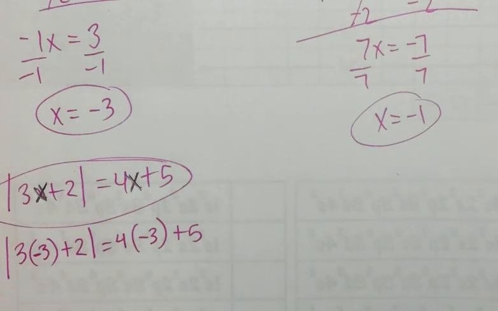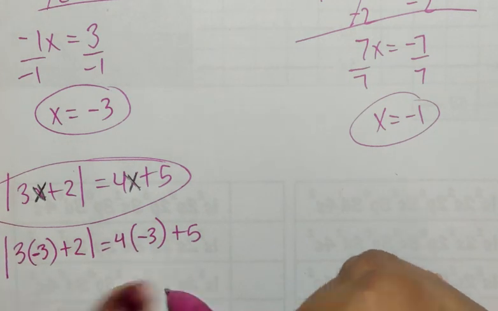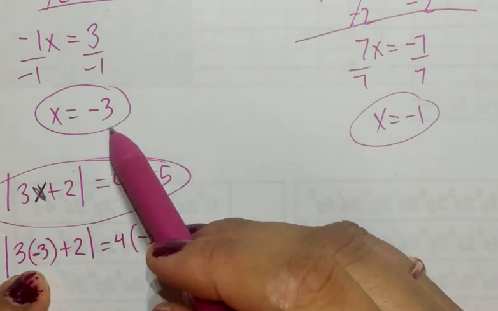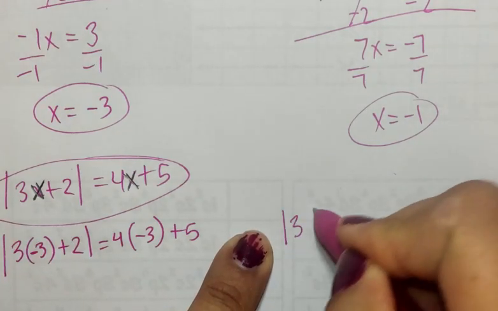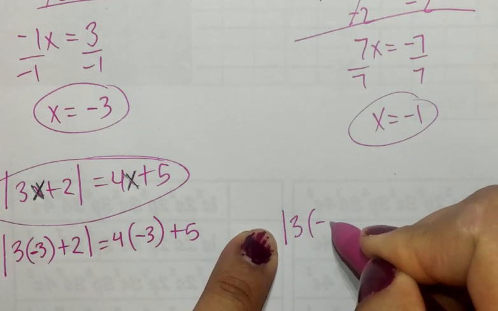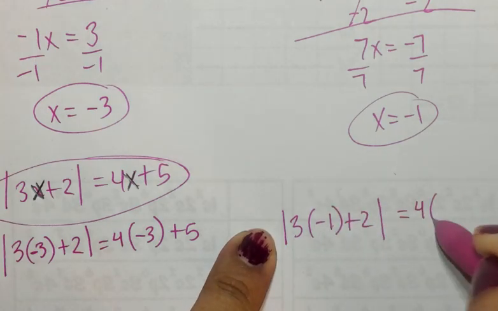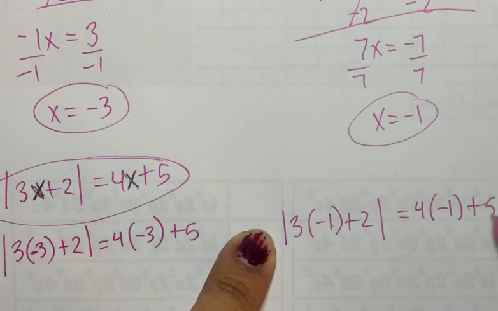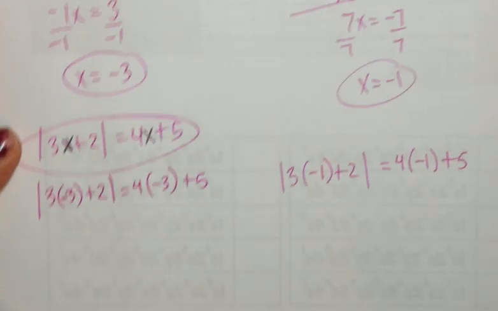Then absolute value of 3 times negative 1 plus 2 equals 4 times negative 1 plus 5. And then now we use PEMDAS and solve.